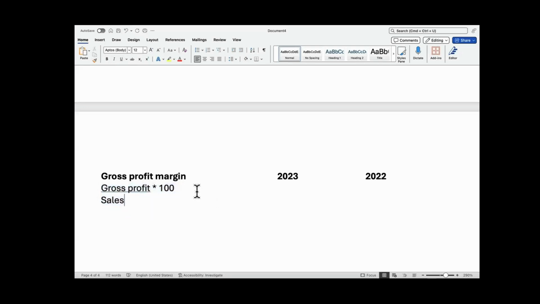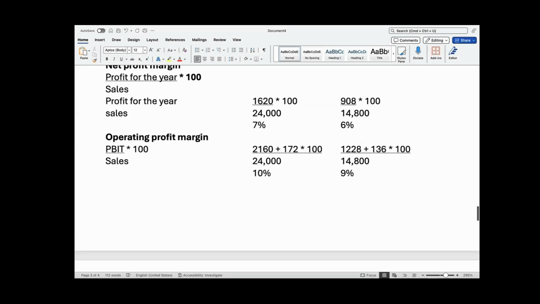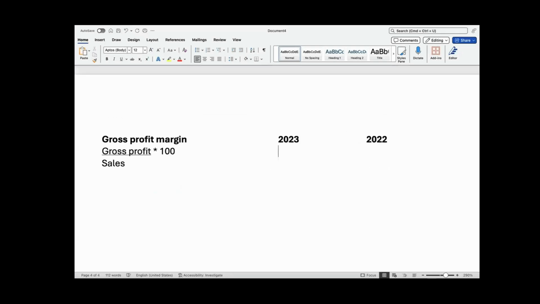So what's my gross profit? 7,668 for 2023. What about 2022? 3,440. Okay. The sales is how much? 24,000 for 2023.